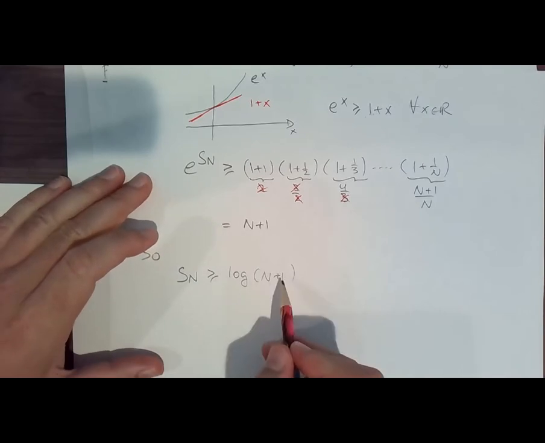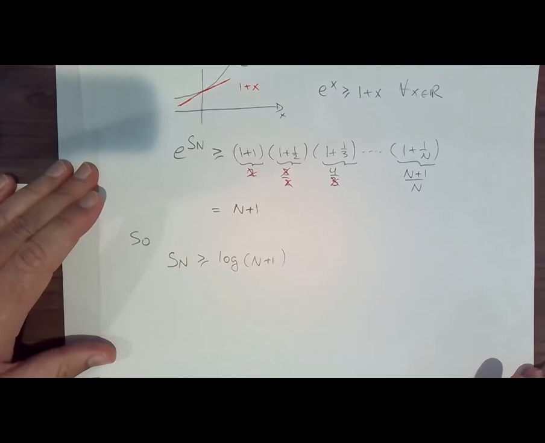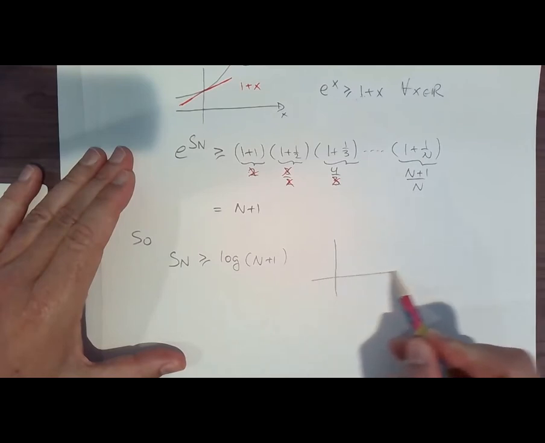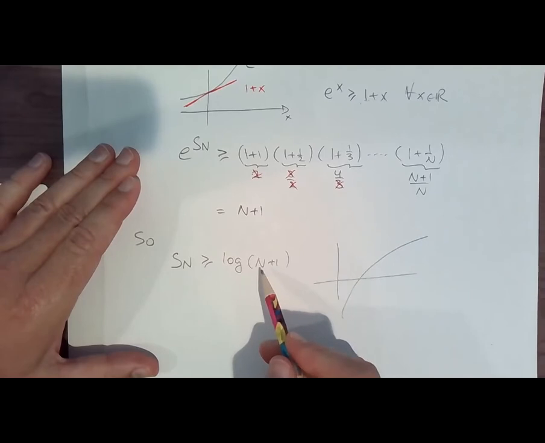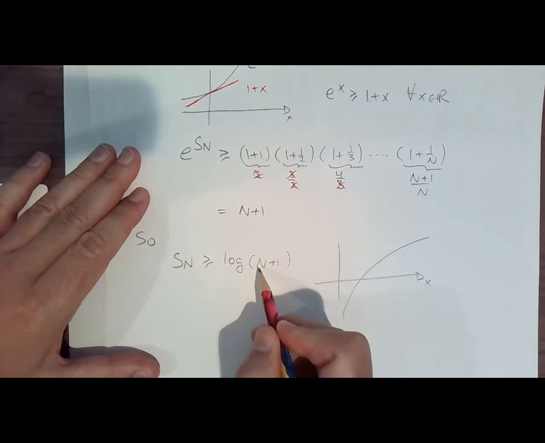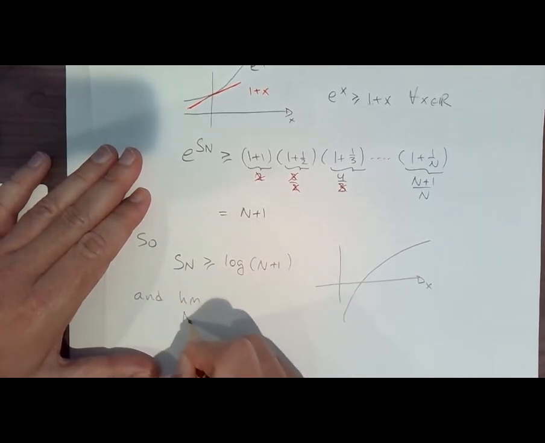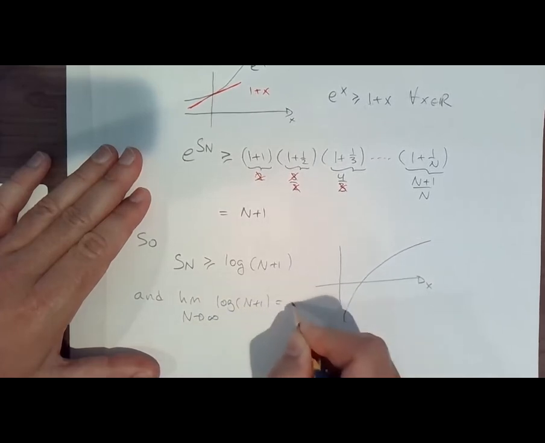And what happens with log of n plus 1 when n goes to infinity? Well, we look at the log function. It looks like this. Where does log go as the input goes to plus infinity? Well, this thing here converges to plus infinity. If I look at the limit as n goes to infinity of log of n plus 1, this is plus infinity.